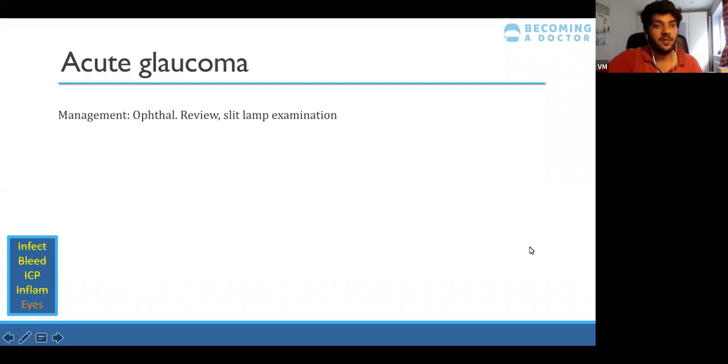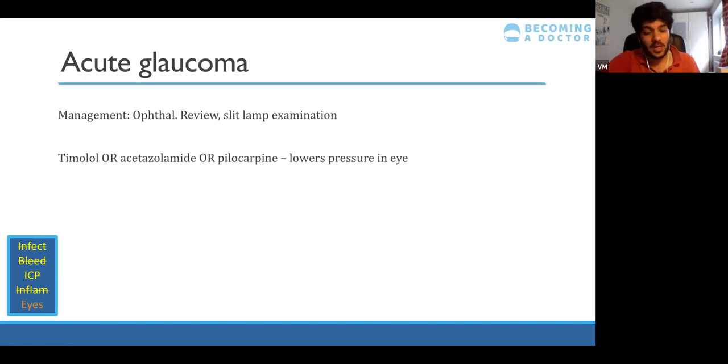In terms of the management of acute glaucoma, you need to refer to an ophthalmologist who will do a slit lamp examination. A number of drugs are used to combat this high pressure in the eye: timolol, which is a beta blocker, acetazolamide, which is a carbonic anhydrase inhibitor, and pilocarpine, which is an anti-muscarinic.